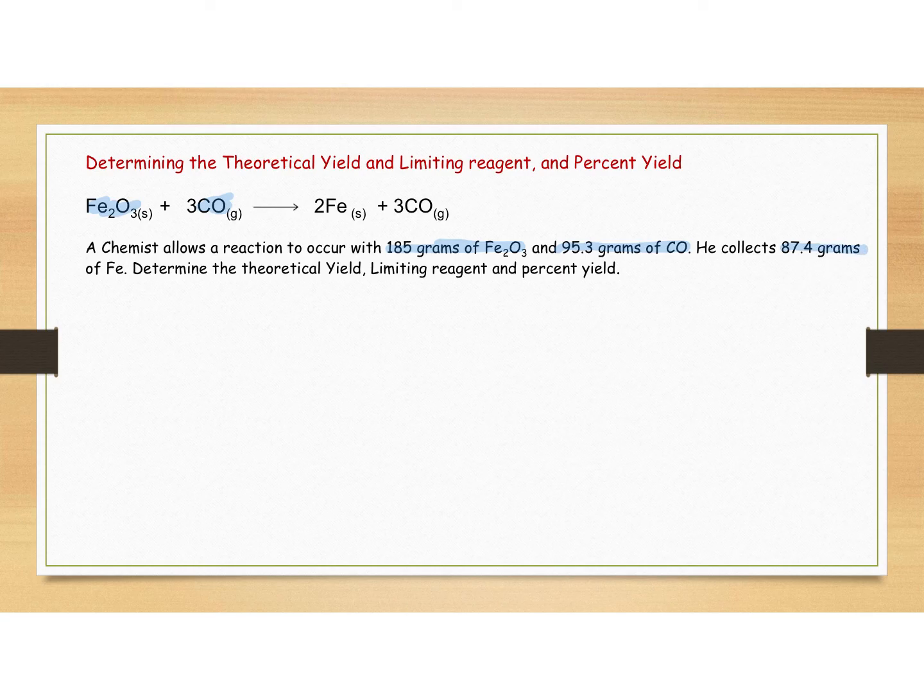Of iron. So if he collects 87.4 grams of iron, then iron is the only product I'm going to be concerned with. That means I'm not going to be worried about the CO in this particular case.